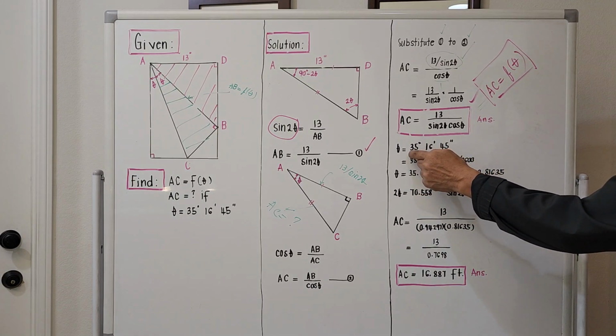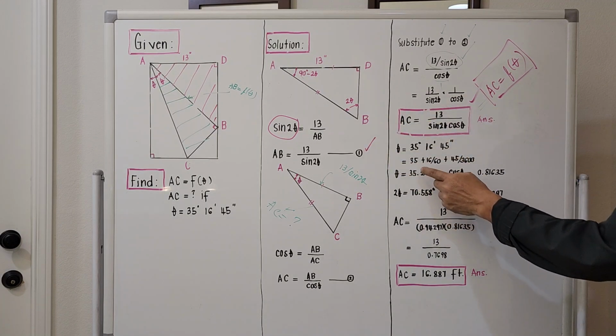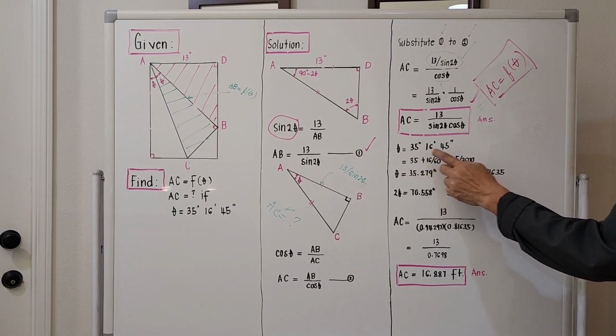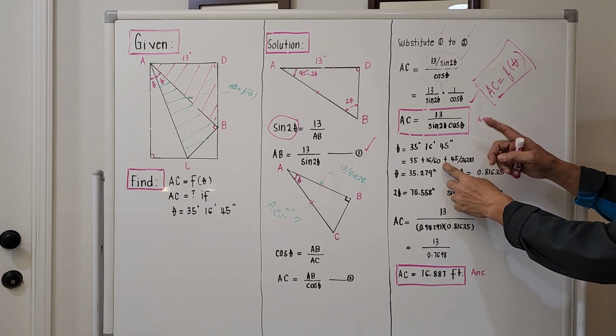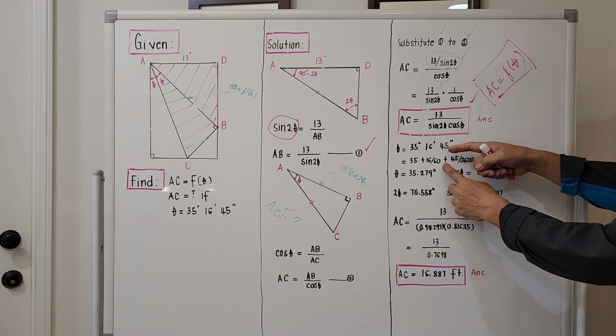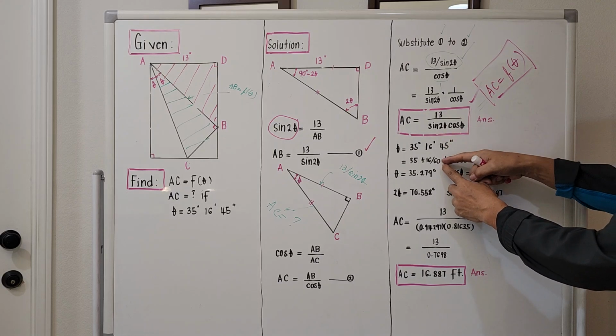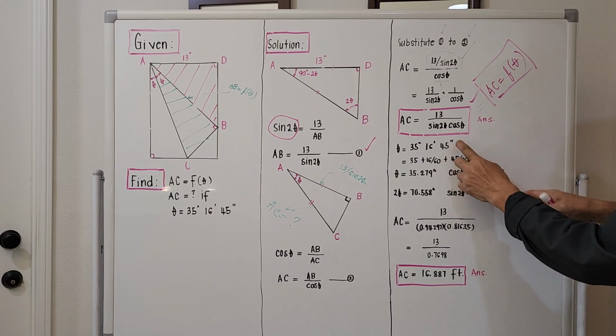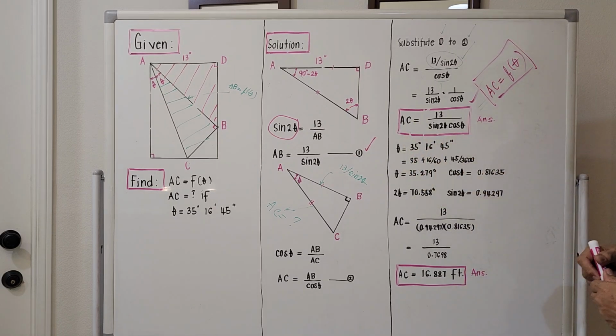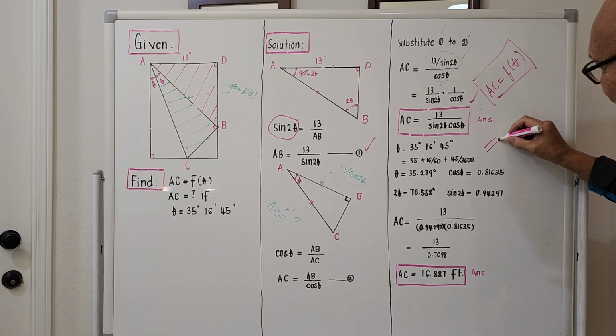Changing all the terms into degrees, it will be 35 degrees, and 16 minutes to degrees is 16 over 60, because 1 degree is 60 minutes.